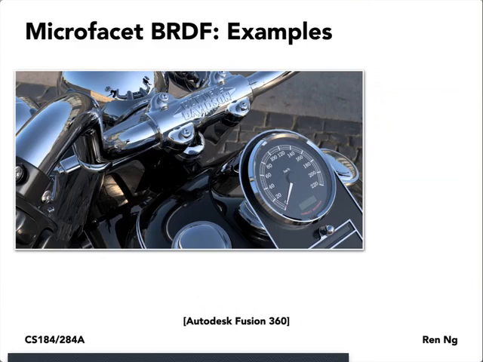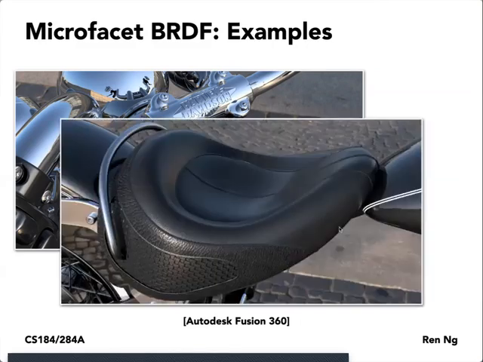So you can see things like chrome, like glass here, shiny plastics. On this model of this motorcycle, you can see things that look like leather. Some objects over here look more like plastics, and so on and so forth. Even the stone in this scene in the background can also be modeled with this kind of microfacet BRDF.